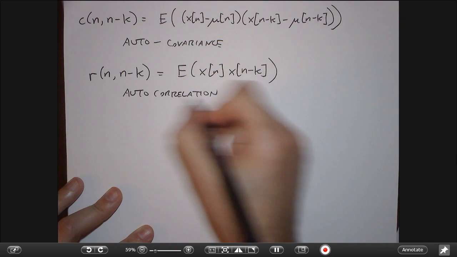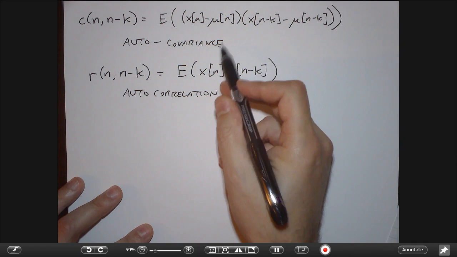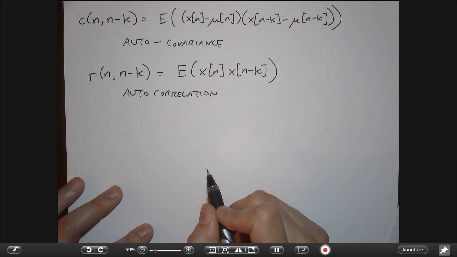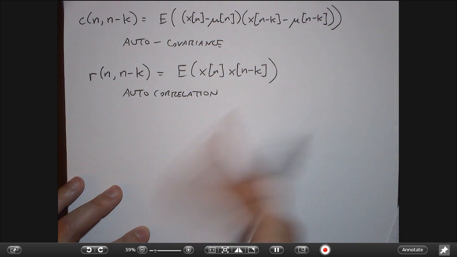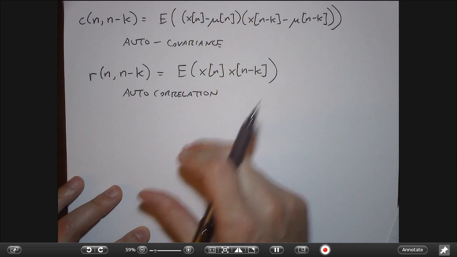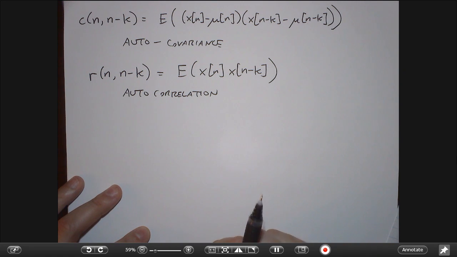And this is going to be a super important quantity going forward, okay? Okay, so we know that the mean and the covariance, or the mean and the correlation, are basically a partial description of understanding the randomness of a signal, right? And that description, just with the mu and the R, is often quite useful, okay?